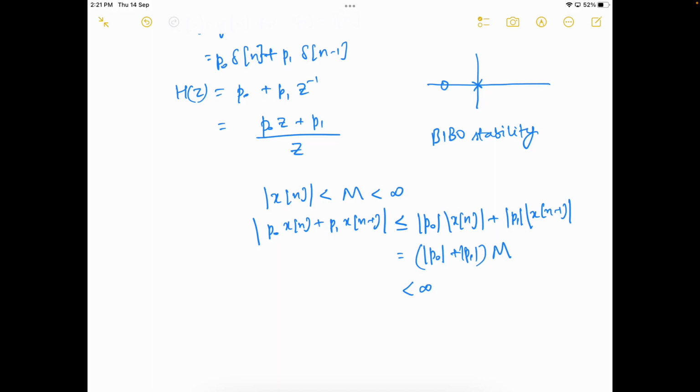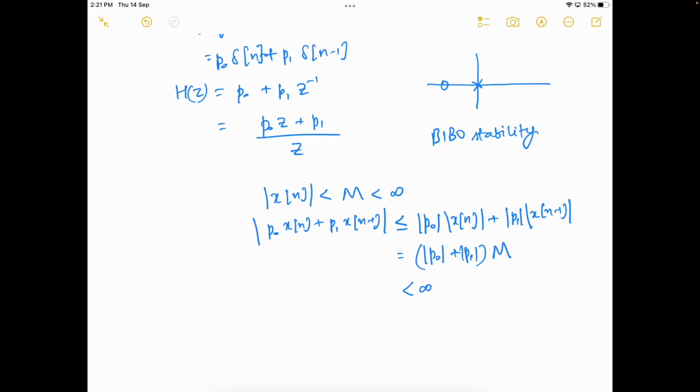Now there is a shortcut to tell whether the system is stable or not. Anybody knows the shortcut? Poles are inside the unit circle. Yes, very good. What you are saying is true for Laplace transform, but we are doing Z transform.